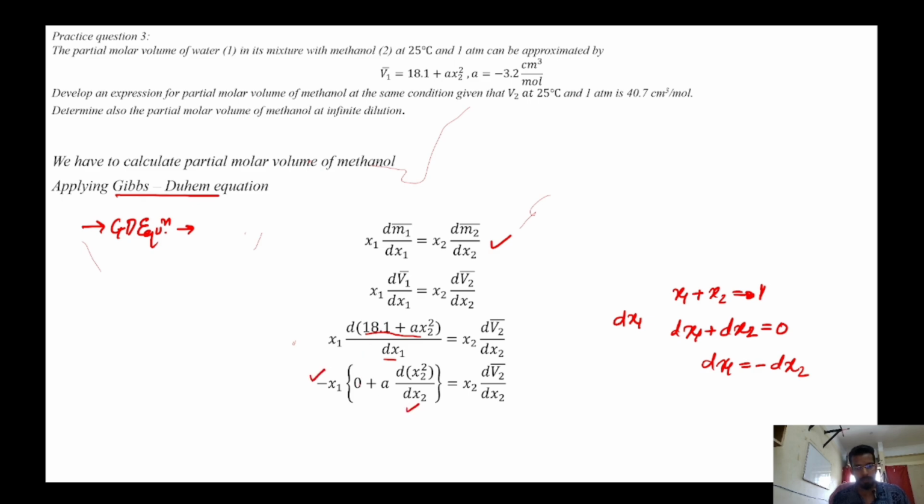Differentiating, this will be constant, so here 0, A will be constant and comes out. So d upon dx2 of x2 square will remain in the equation, and this side will remain the same. Now after solving this equation, x2 and x2 will cancel out.